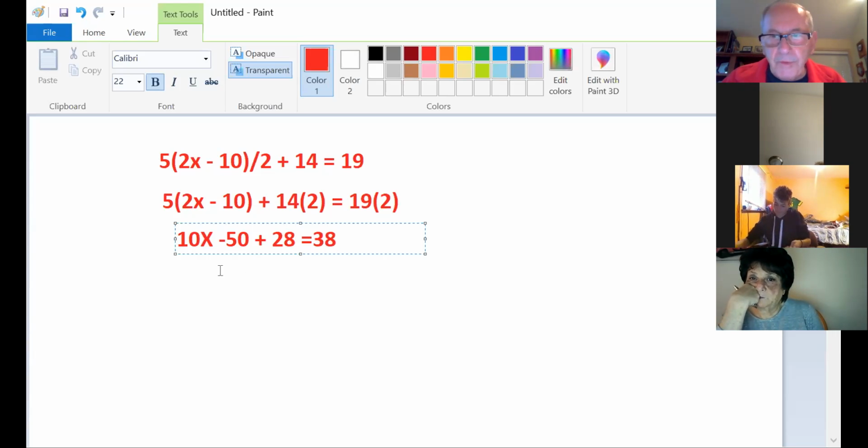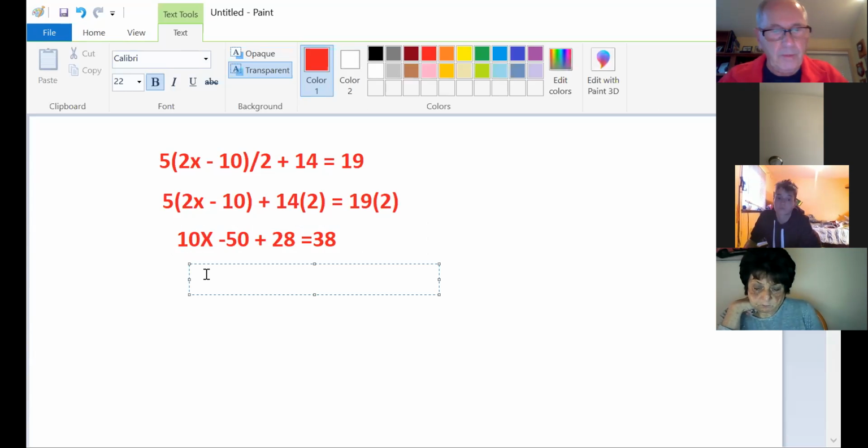So now it's just doing simple algebra, putting these terms on this side and then figuring out what x is, right? So it's going to be 10x. I'm just going to move the 50 over, so it's going to be a plus 50. I'm going to move the minus 28 over, so it's going to be minus 28, right? And the 38 is already over there, right? Plus 38.